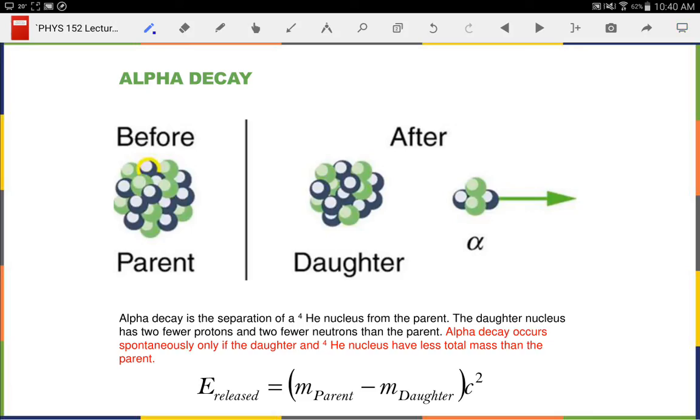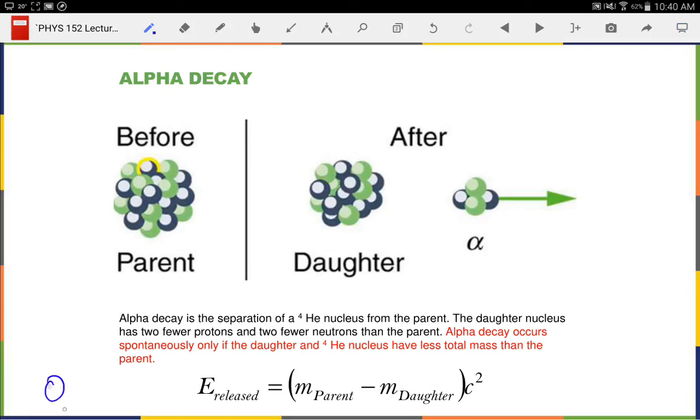So, decays. When a nucleus decays, it will only occur spontaneously if you're going to a lower energy. And Einstein is the one that gave us a key to figure out how that energy relates. Einstein said that mass is just a form of energy. And so we talk about the disintegration energy.